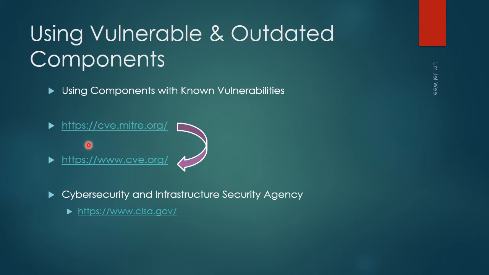This is the old site, but it will migrate to the new site, so in the event that the old URL doesn't work anymore, check the new URL, cve.org. Basically look for the keywords, punch it in, do a search, and read the vulnerabilities over there. These are all known vulnerabilities.